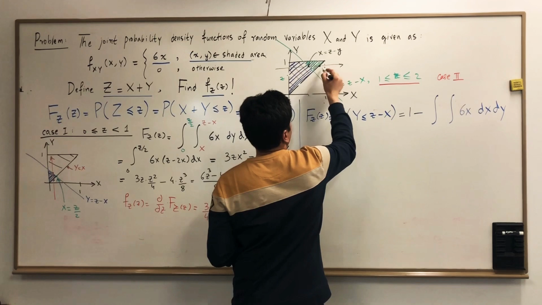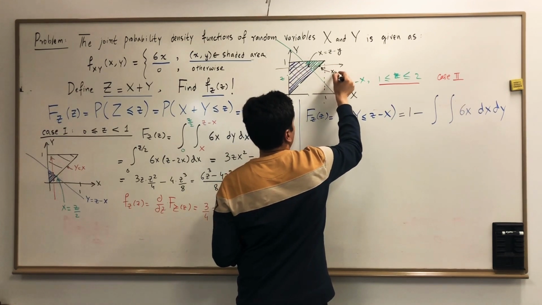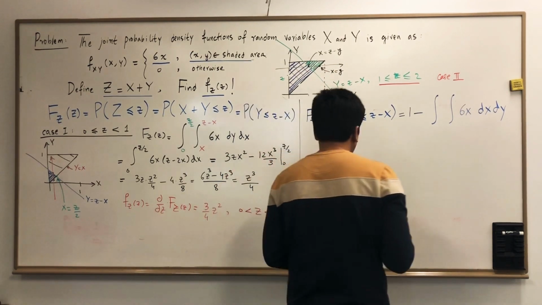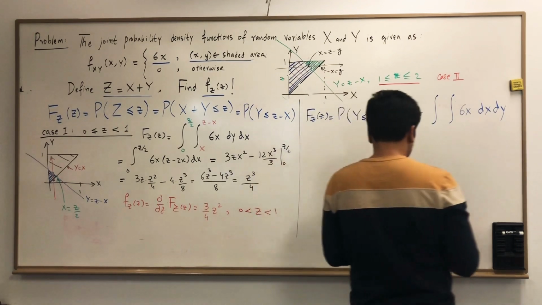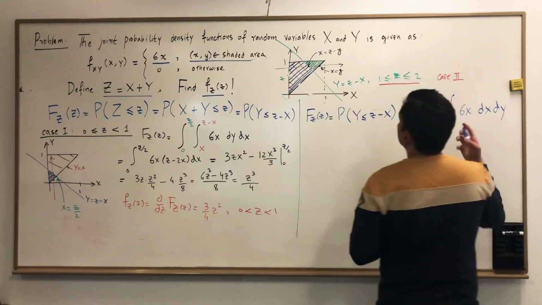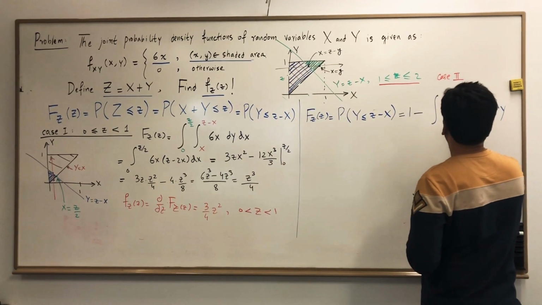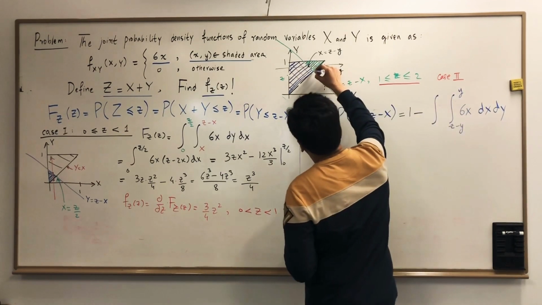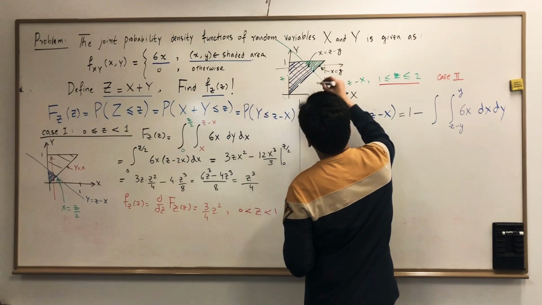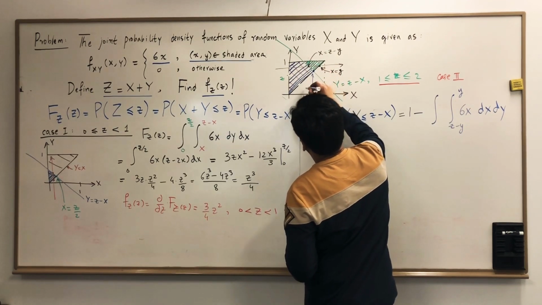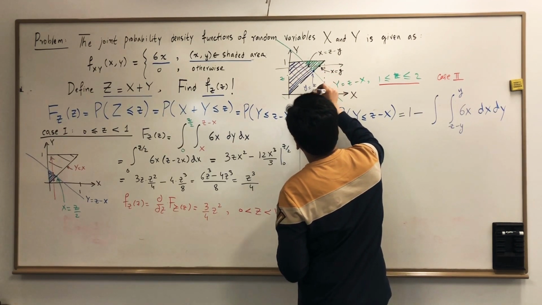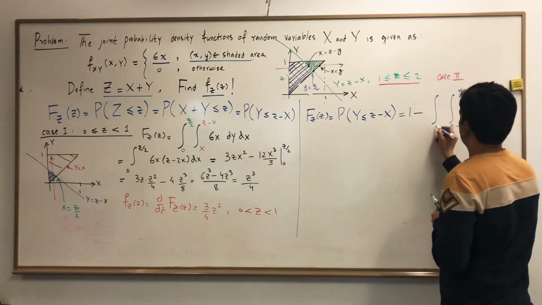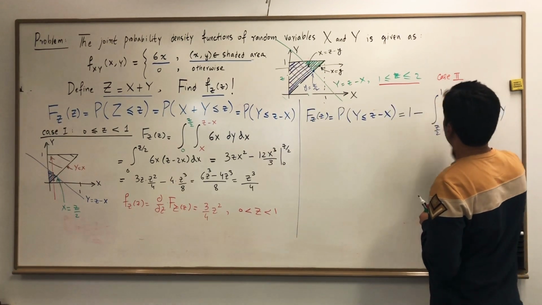X here will be simply y. So this will be z minus y to y, and y will be from this point here all the way to 1, and this point, as we figured out, was y equals z over 2. So it will be from z over 2 to 1.